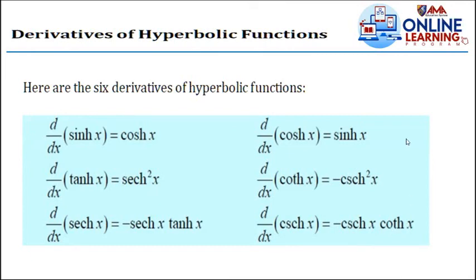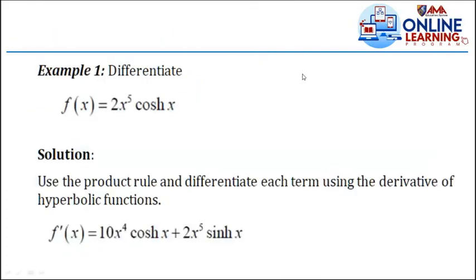Okay? So this is our formula for the 6 derivatives of hyperbolic functions. They are almost the same as our 6 trigonometric functions. The difference is that some have a negative here and this one is positive. Okay? So we're going to have our example number 1.